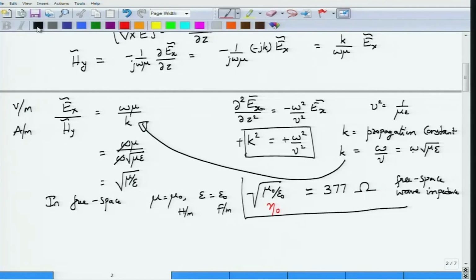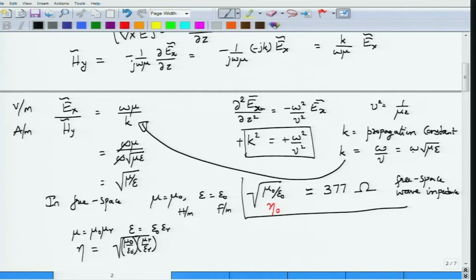What if your medium is not free space? If the medium is not free space, I know that mu can be written as mu 0 mu r, epsilon can be written as epsilon 0 epsilon r. So substituting this into the square root of mu by epsilon and calling that entire thing the impedance eta, you are going to get square root of mu 0 by epsilon 0 into square root of mu r by epsilon r, correct.